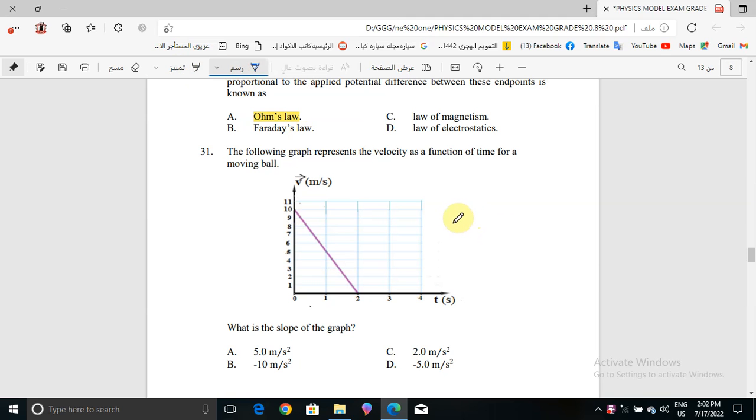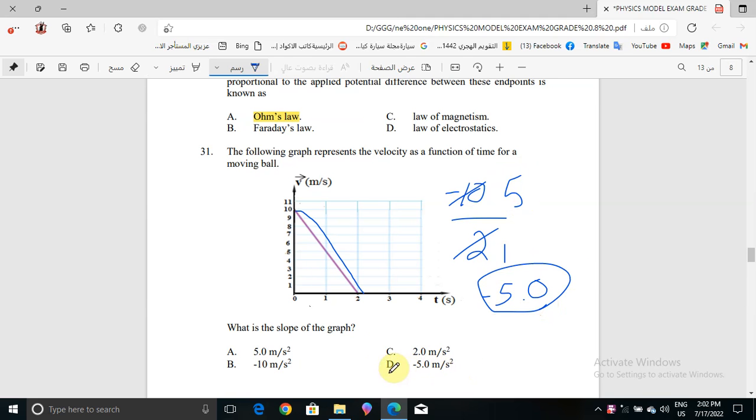Because it's going down, so it will be negative 10 over 2. So that means here 1 and here 5, so negative 5, that means negative 5.0 meters per second squared. So the correct answer for question number 31 will be negative 5.0 meters per second squared.